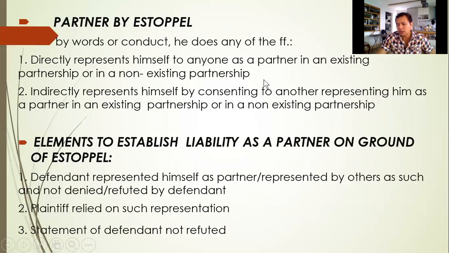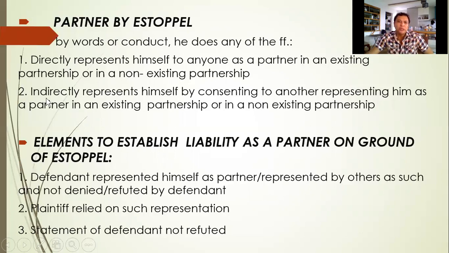So he comes in and he introduces himself as a partner to the partnership, even though he's not. Or even though there is no partnership, he still introduces that there's a partnership and he is one of the partners. So that's a partner by estoppel.